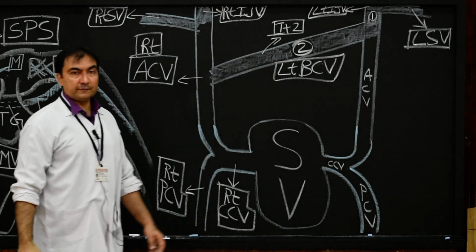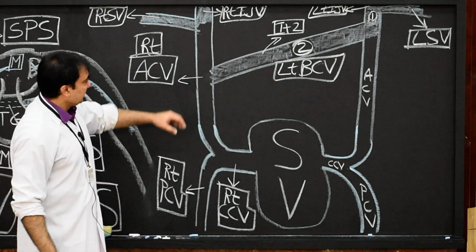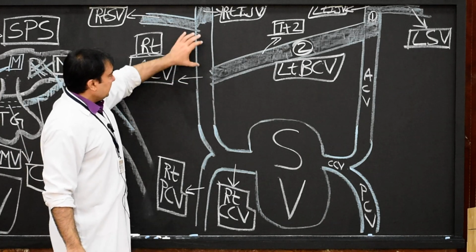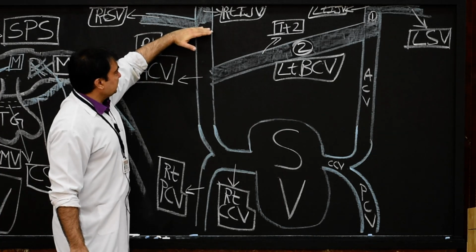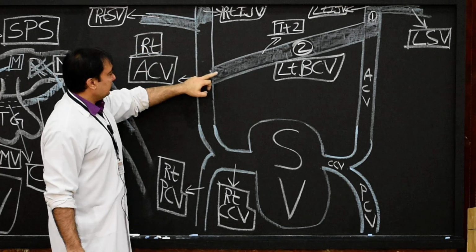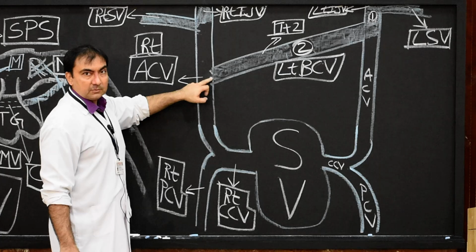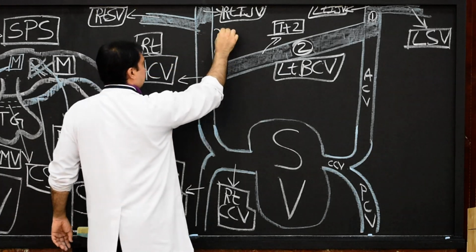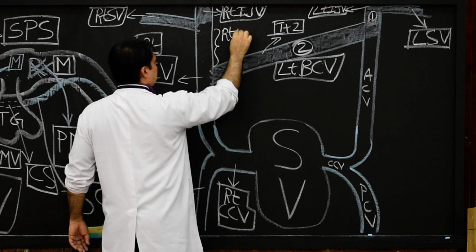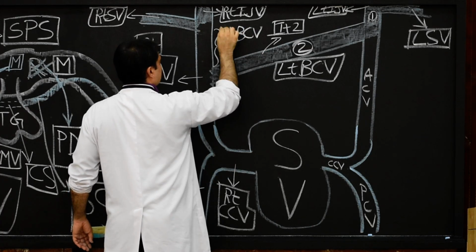What about the right brachiocephalic vein? Now you will be able to tell me. Right brachiocephalic vein is developed from right anterior cardinal vein between the opening of subclavian vein and the oblique anastomosis. So this much section will develop into right brachiocephalic vein.